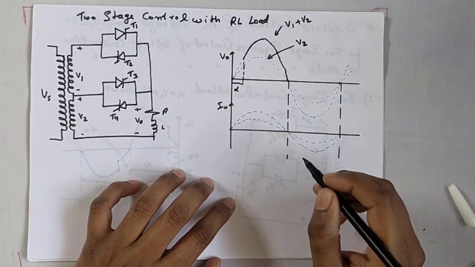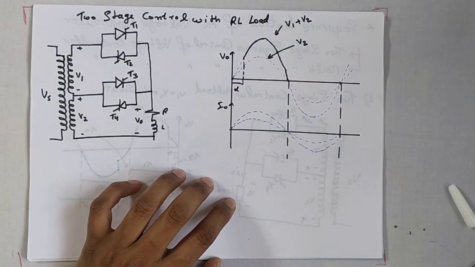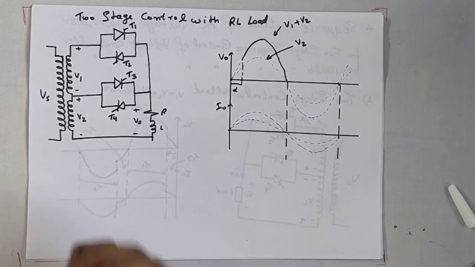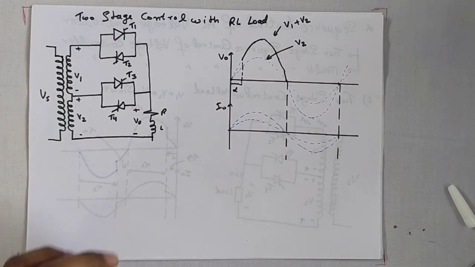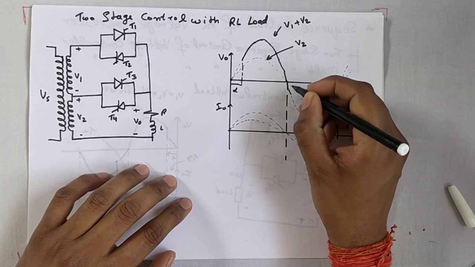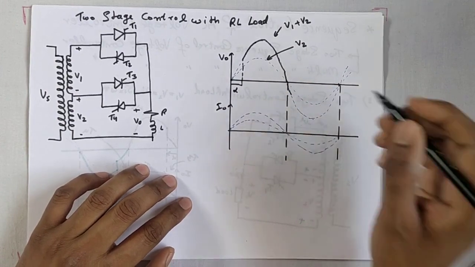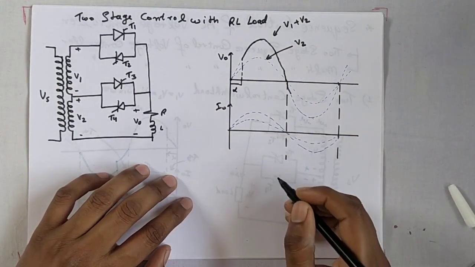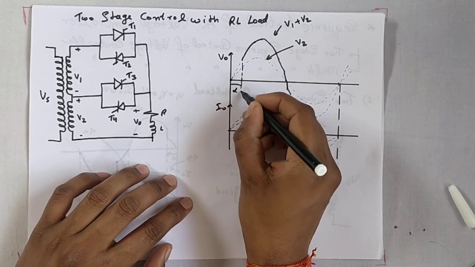Okay. Now, due to inductance, what happened? This voltage continues through T1. Let's see what happened when thyristor T1 is fired at an angle alpha.